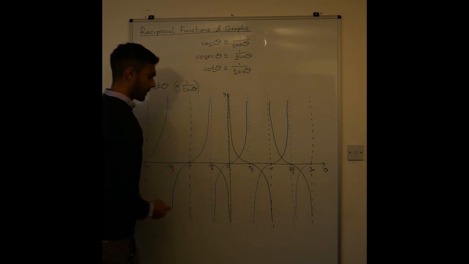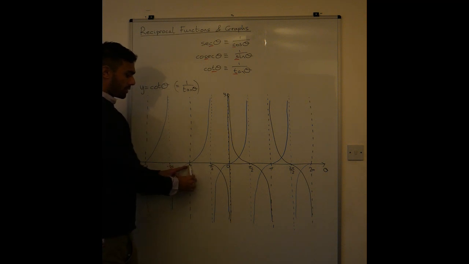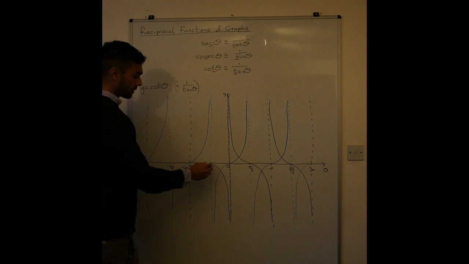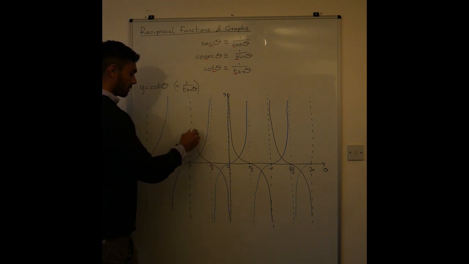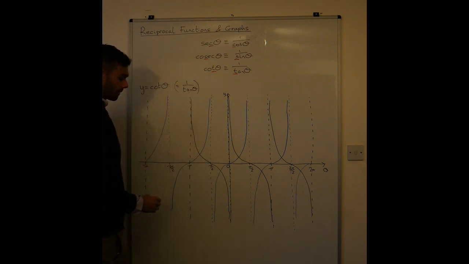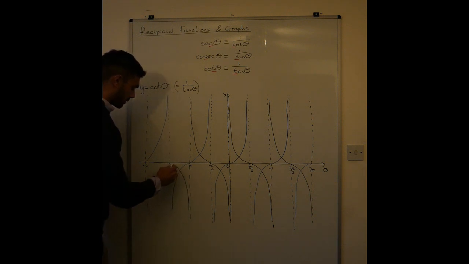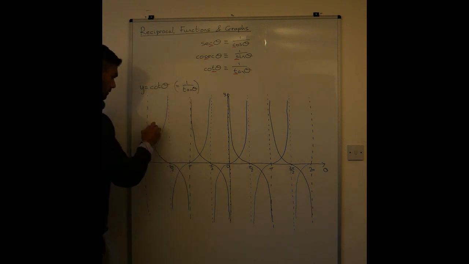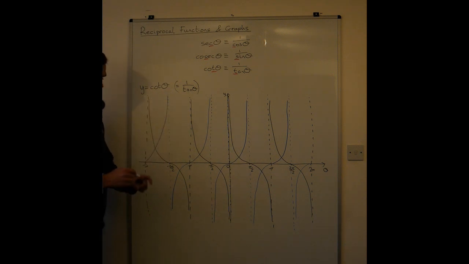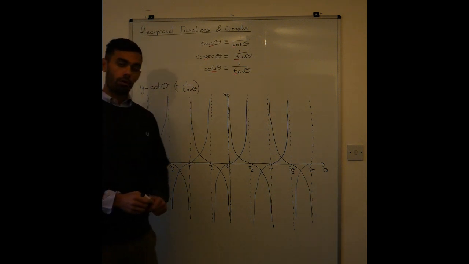There we go. And then from minus pi over 2 to minus pi, we're looking at a positive curve. Like that. And then finally, we've got that. And that is the cot curve.